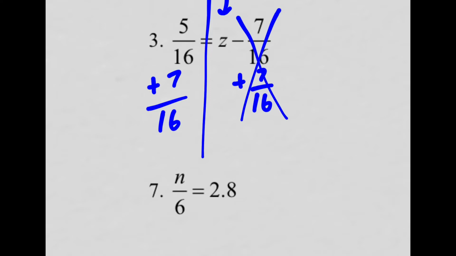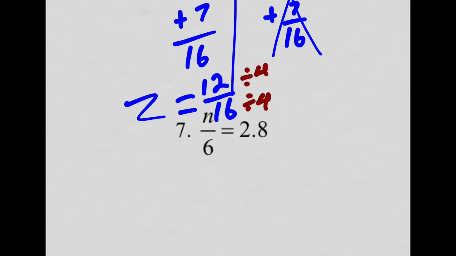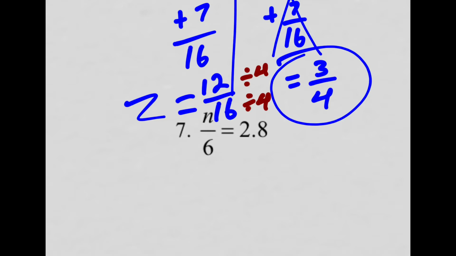It's just 5 plus 7 is equal to 12 over 16. This isn't necessarily my final answer because I can simplify this fraction. I can look for a common factor by dividing the numerator and the bottom by 4. And this changes things to 3/4, which is the simplest form and my final answer.